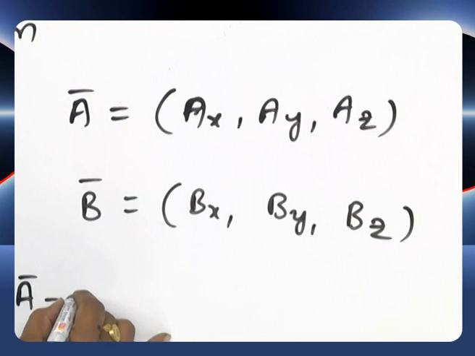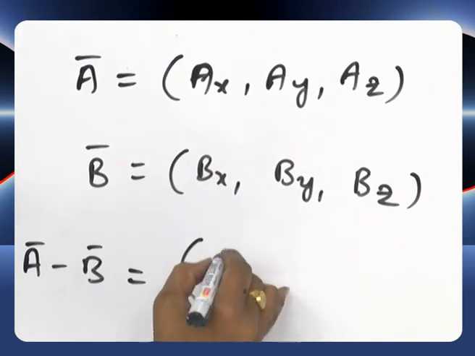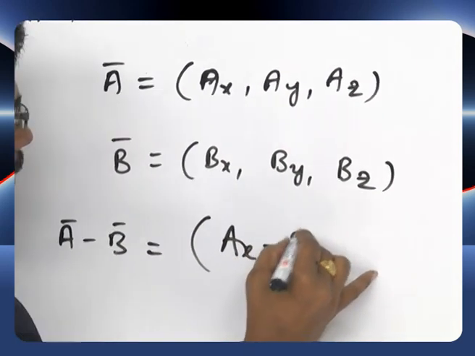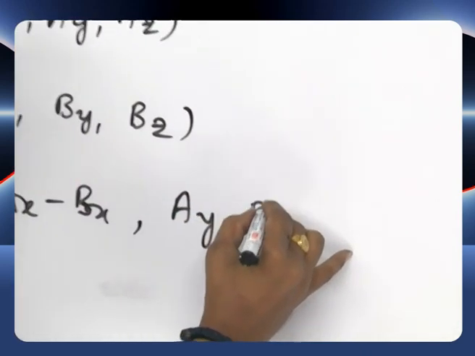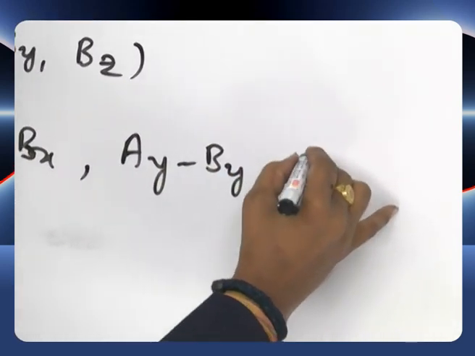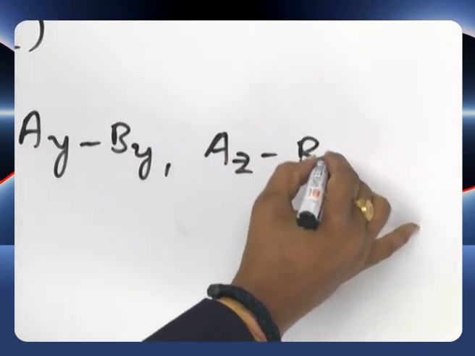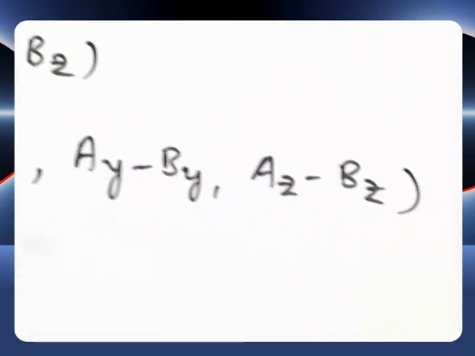That is, a bar minus b bar is equal to ax minus bx, ay minus by, az minus bz.